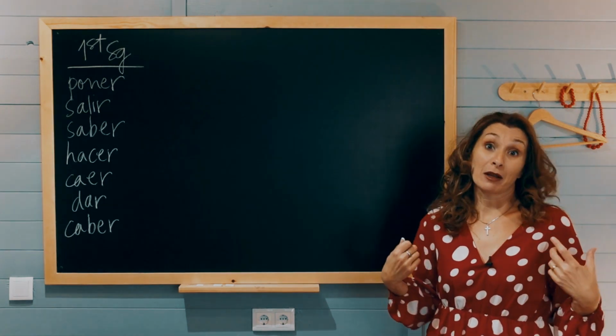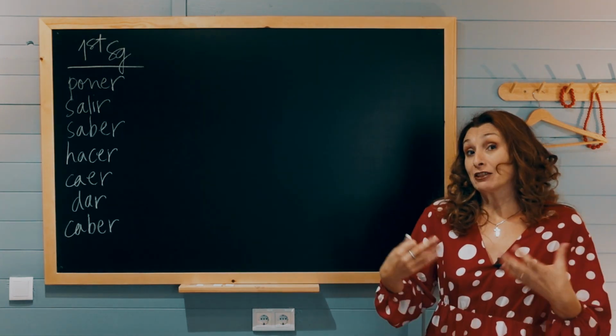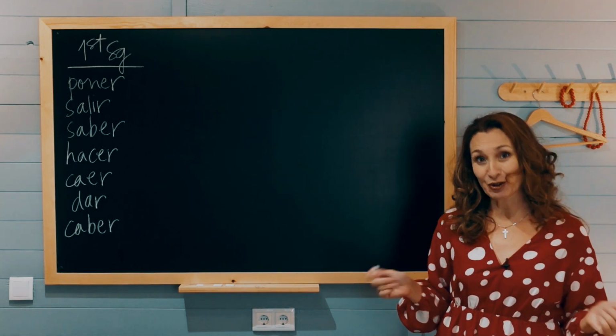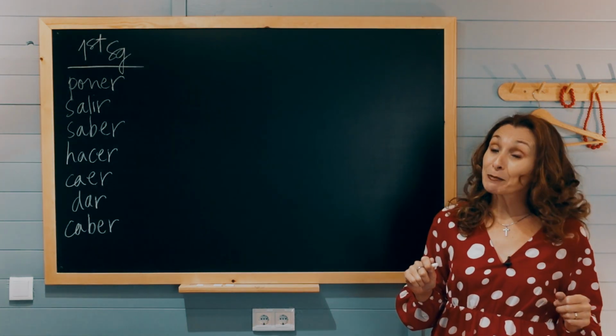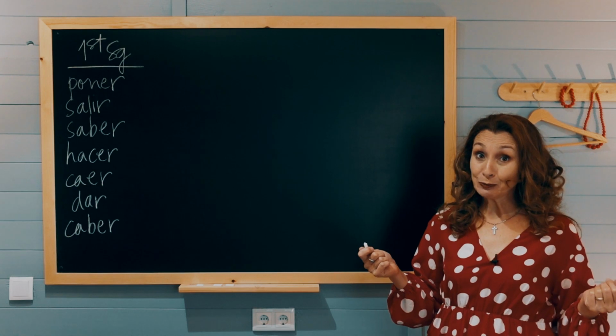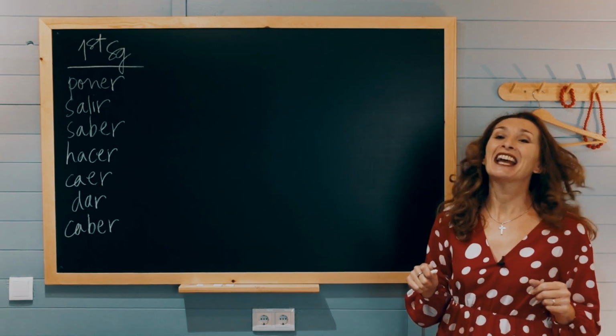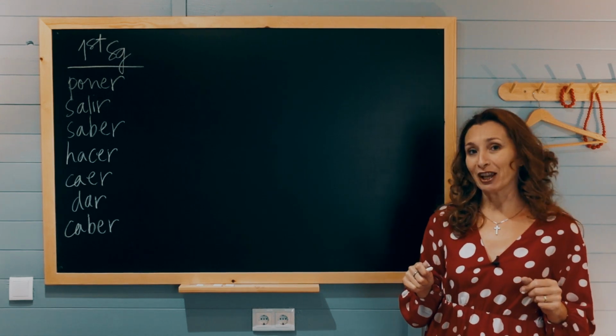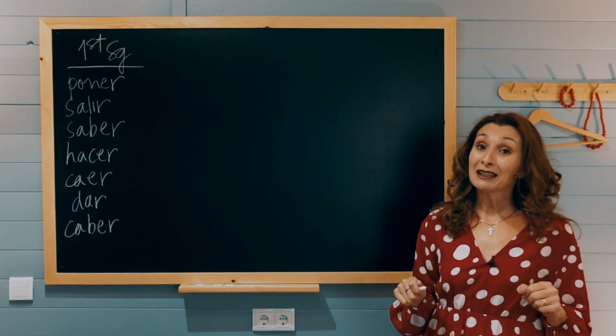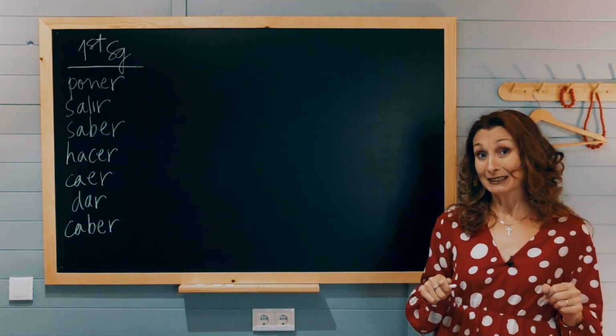Maybe a person: I can't fit into a really small size dress. So for the first person singular, again, quepo, or no quepo if I can't fit into it, and then the rest again are regular: cabes, cabe, cabemos, cabéis, caben.